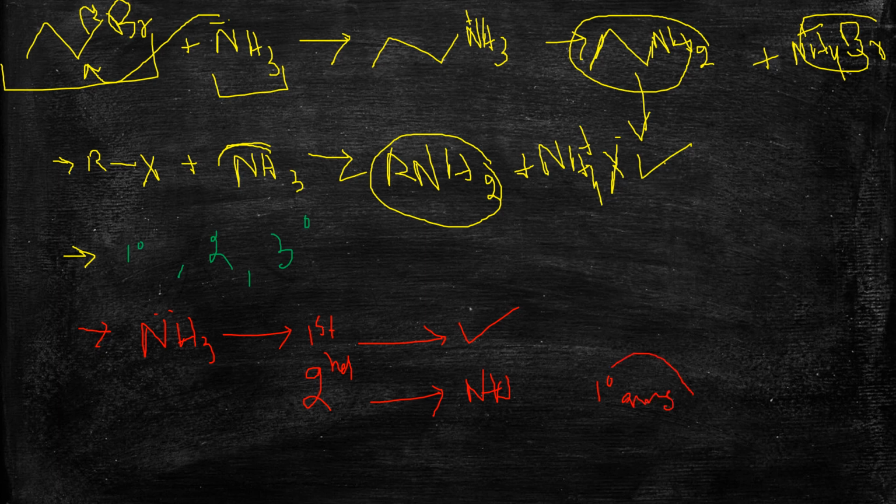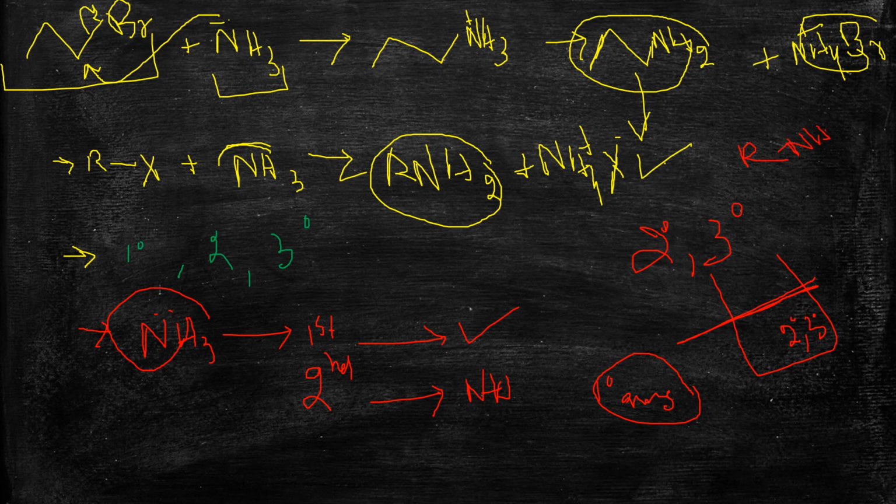But whatsoever we do, we cannot completely ignore the presence of secondary and tertiary amines in the reaction mixture, right? Even if we add ammonia in excess, we get secondary and tertiary amines in very small quantities, but we do get them in the reaction mixture, because we cannot say that there was no collision between this species R NH2 and RX, which did not result in the formation of a secondary amine.